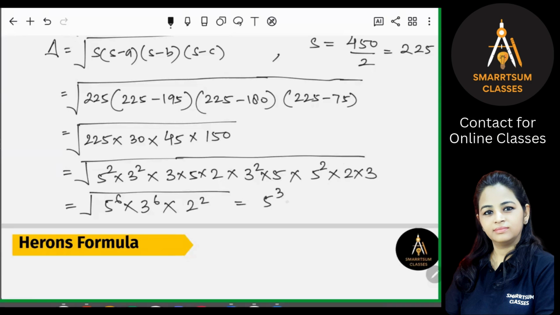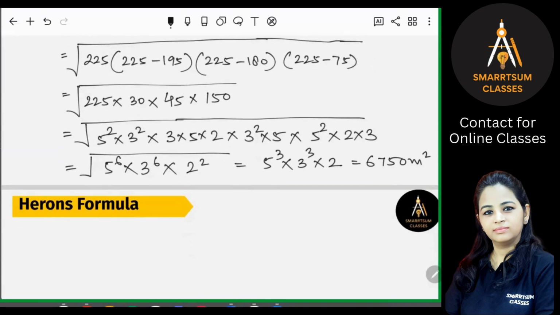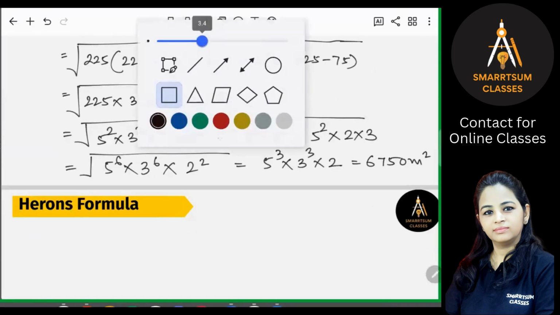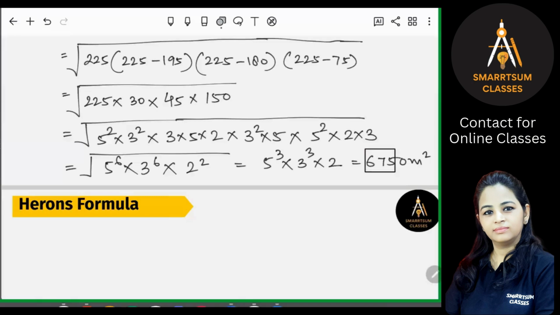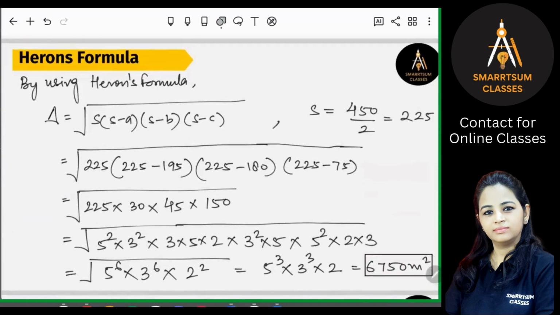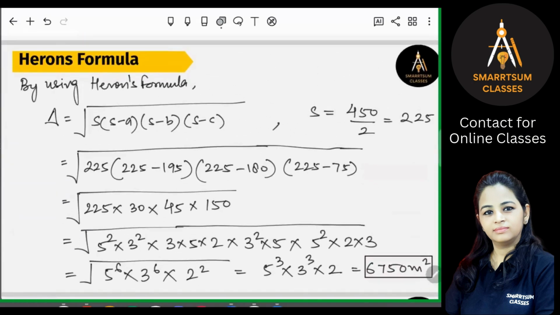When you take out the square root, it will be 5 to the power 3, 3 to the power 3, and 2. After multiplication, you will get 6,750 meter square. So in this way, we have got the area of the triangle, that is 6,750 square meters. Is that clear? I hope now you have understood how to use Heron's formula.